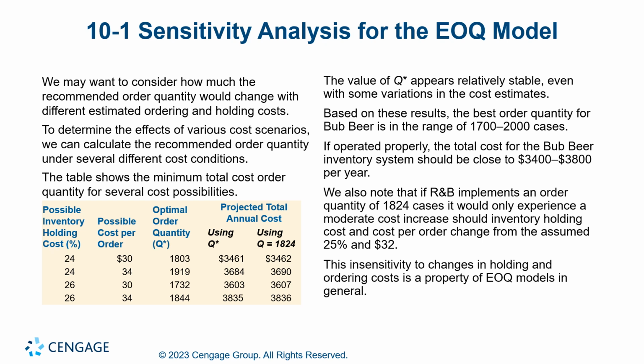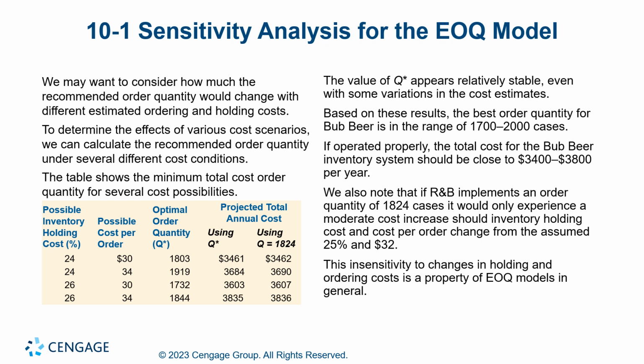Even though substantial time may have been spent in arriving at the cost per order, which is $32, and the holding cost rate, which is 25%, we should realize that these figures are at best good estimates. Remember, this is a deterministic model, which means that we really assume that this is the right figure.